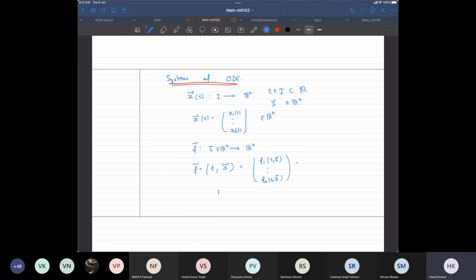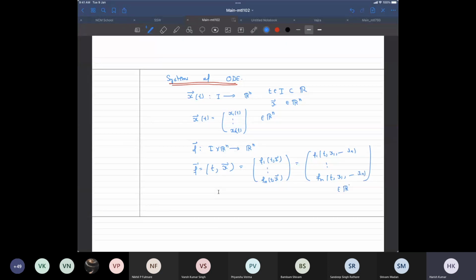If you want to write it in a more general way, you can write f1(t, x1, ..., xn), and similarly fn(t, x1, ..., xn). Okay, this is a more general way.